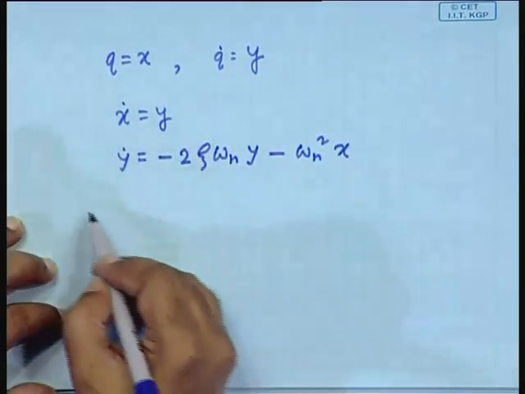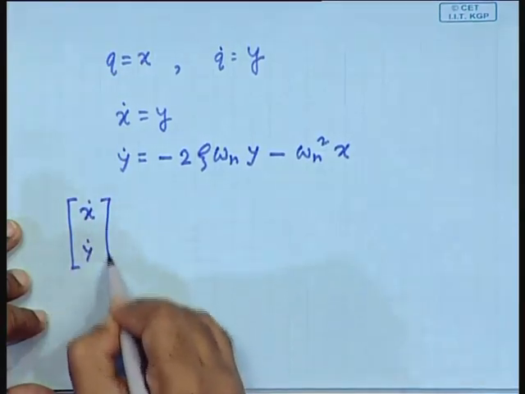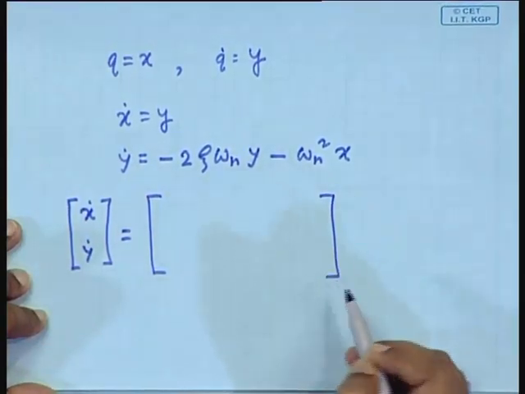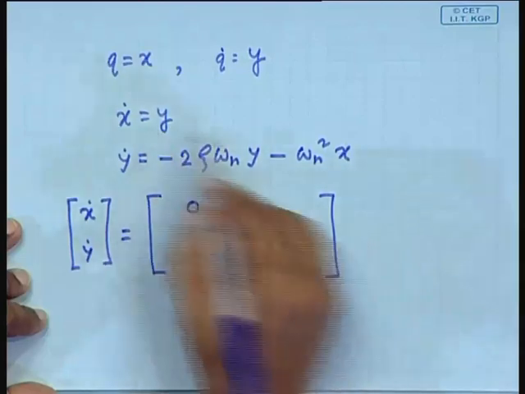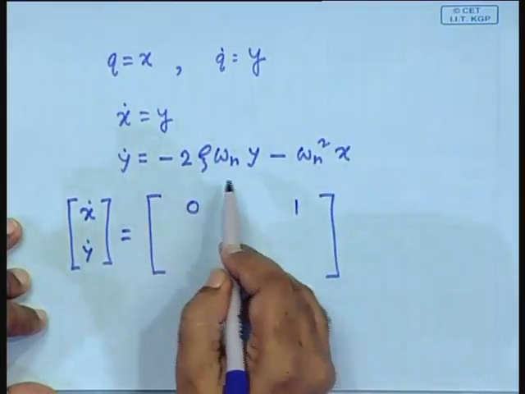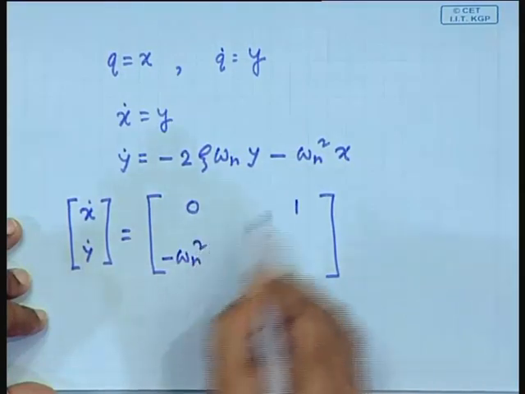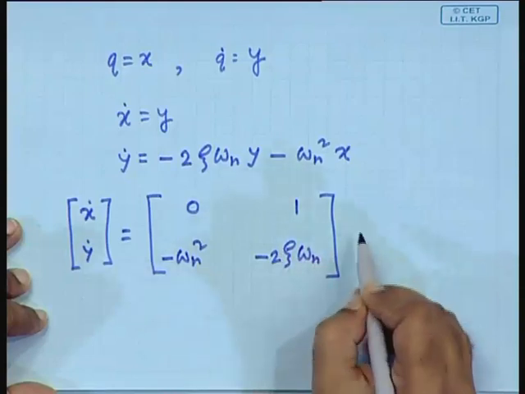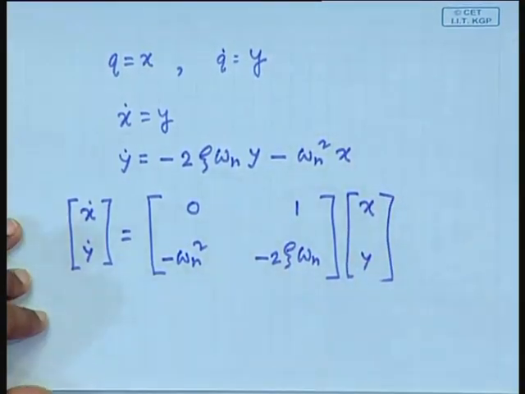which means x dot, y dot is equal to, expressed in the matrix form, 0, 1, minus omega n square and minus twice zeta omega n, times x and y. Fine.